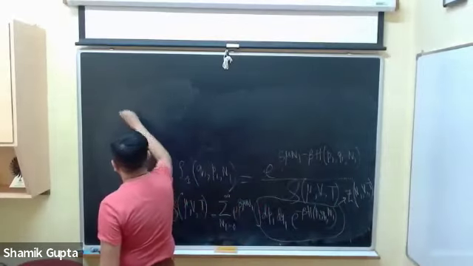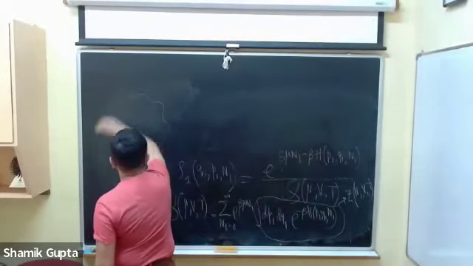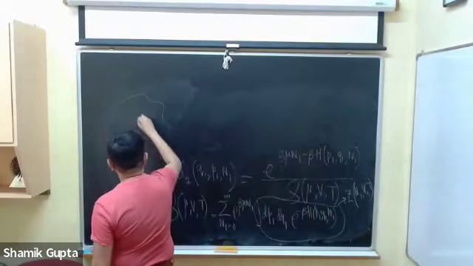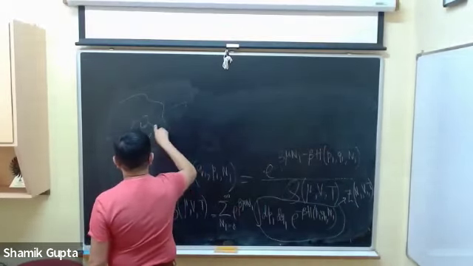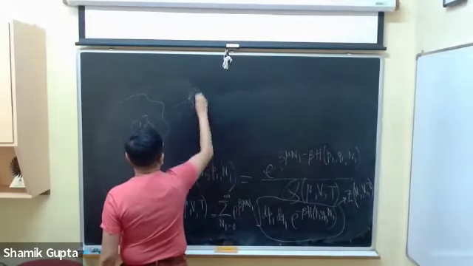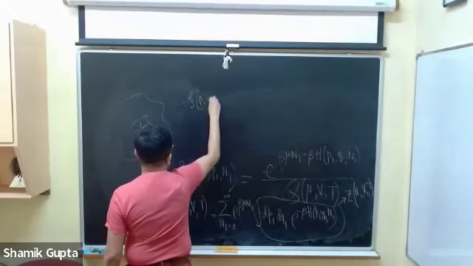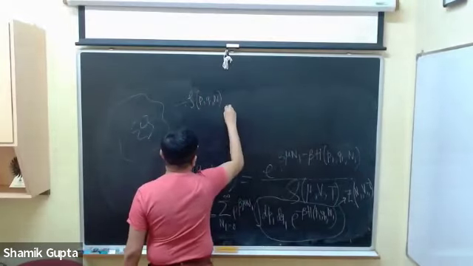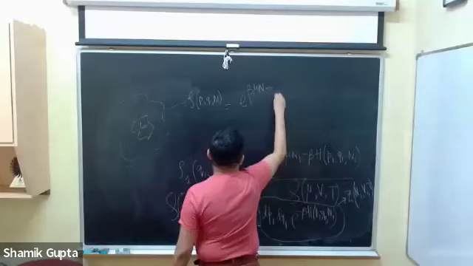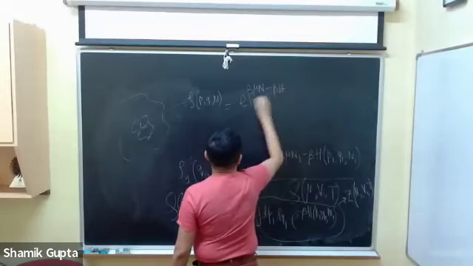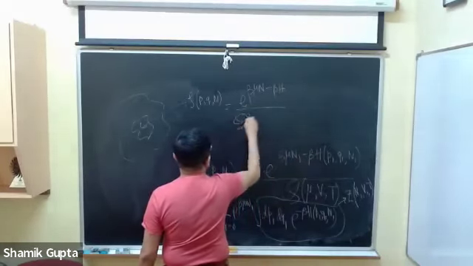I get this result, that when a system is in canonical equilibrium and a part of it is exchanging particles and energy with the rest, the phase space density of that part is equal to e to the beta mu n minus beta h divided by the partition function.